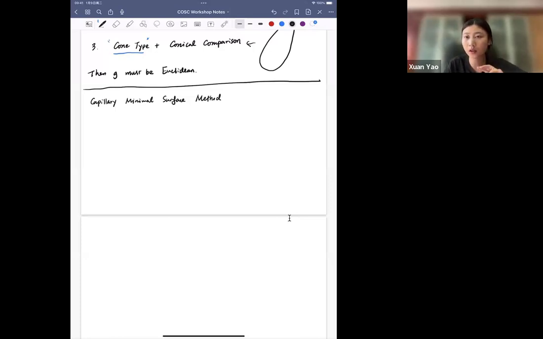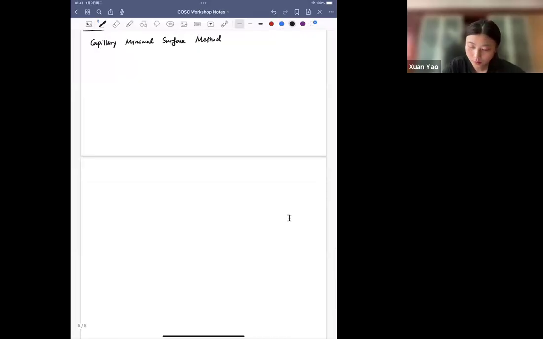Okay. So let me say more words about our capillary minimal surface method. Let's start with Chao Li's capillary minimal surface method. So let me draw a cone type polyhedron in dimension 3.